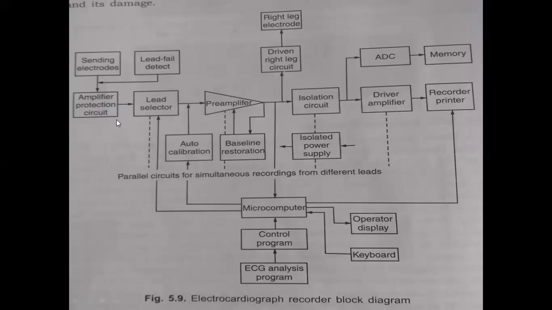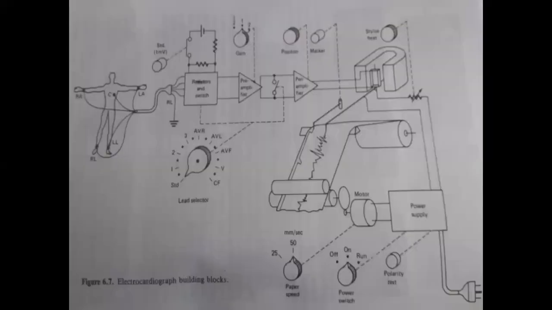Here we have the lead cable, a cable system which connects different parts of the body: right arm, left arm, right leg and left leg, and from the chest, the electrodes are connected to the patient.